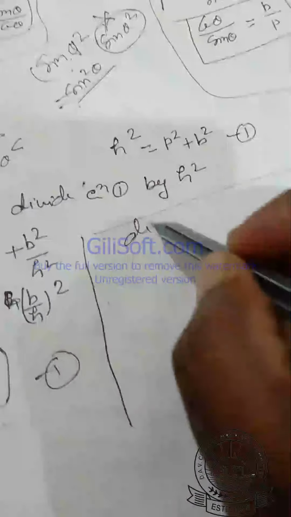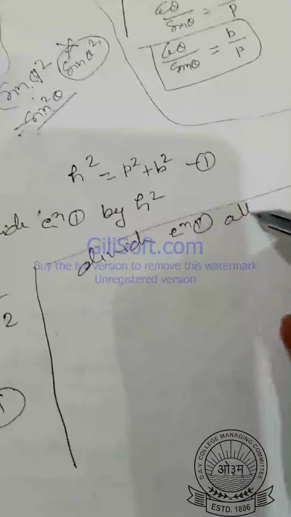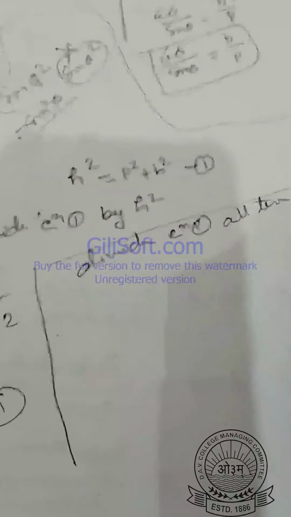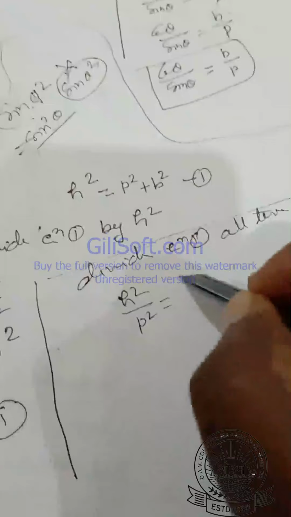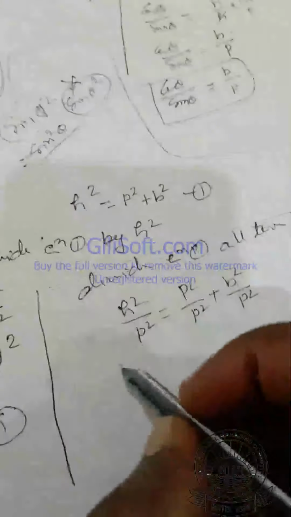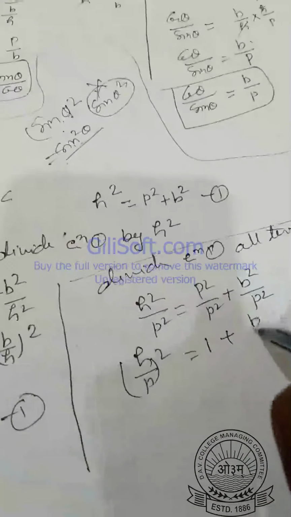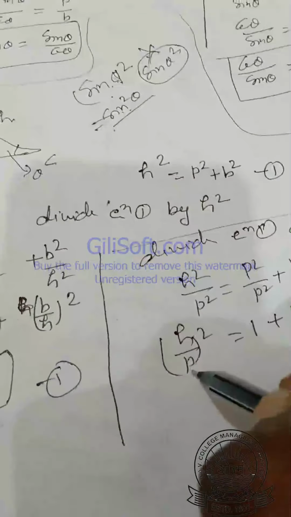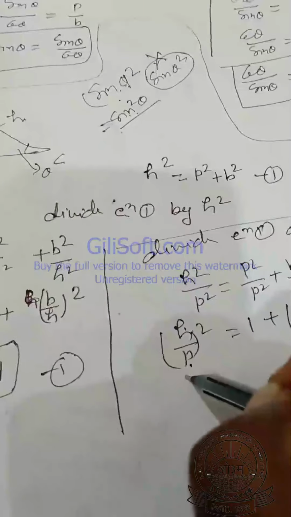Now second identity, divide equation 1 all terms by p square, then h square by p square is equal to p square by p square plus b square by p square, then h by p whole square is 1 plus b by p whole square. H by p, hypotenuse by perpendicular, then hypotenuse by perpendicular means what?